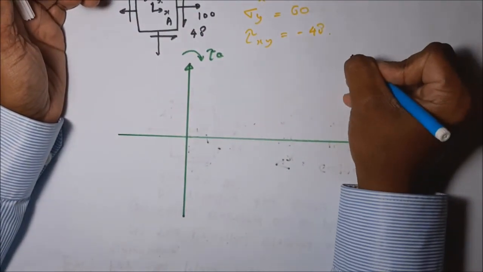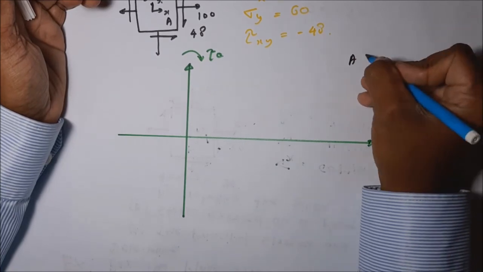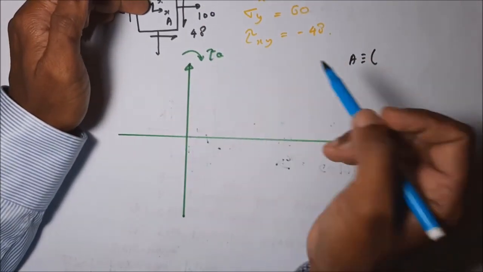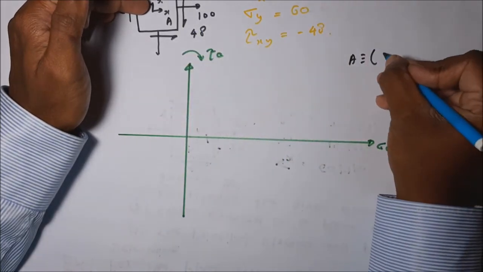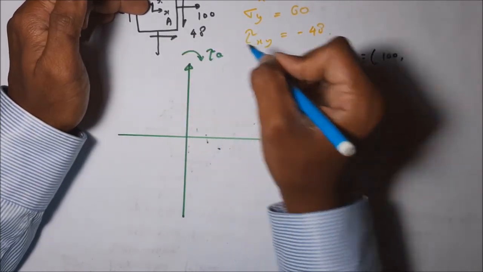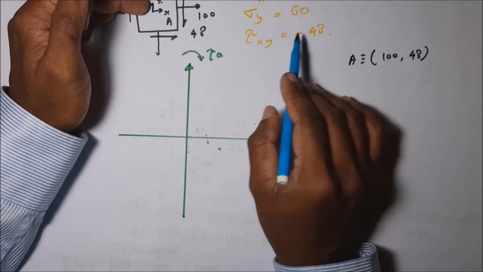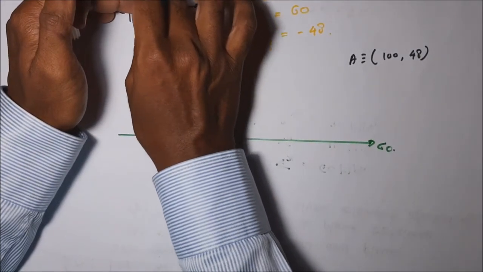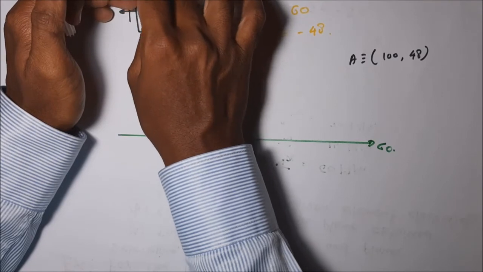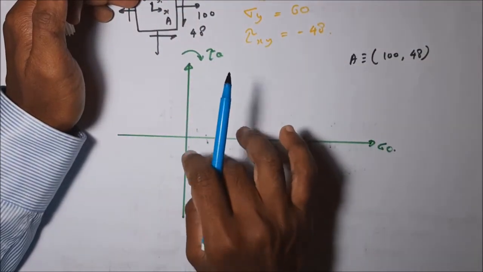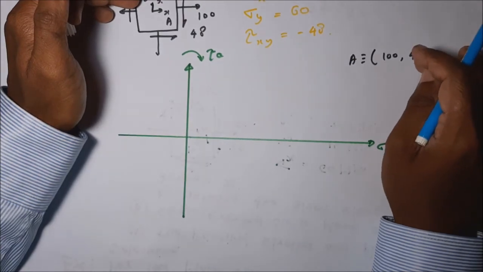What is the coordinate of A according to our Mohr plane sign convention? This is 100, and this is clockwise, so it is positive. Remember this one: according to the sign convention when marking the stress element it is negative, but according to the Mohr circle diagram, it is positive.